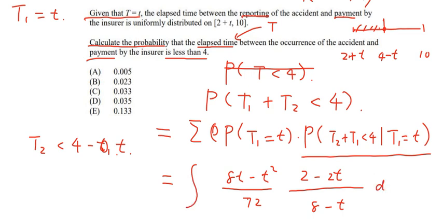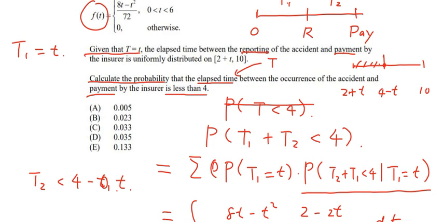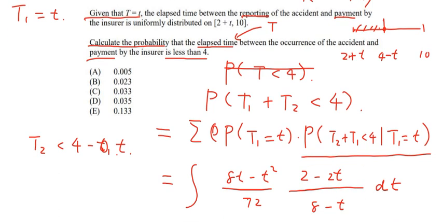So t can go from 0 to 6, so t equals 0 to 6.